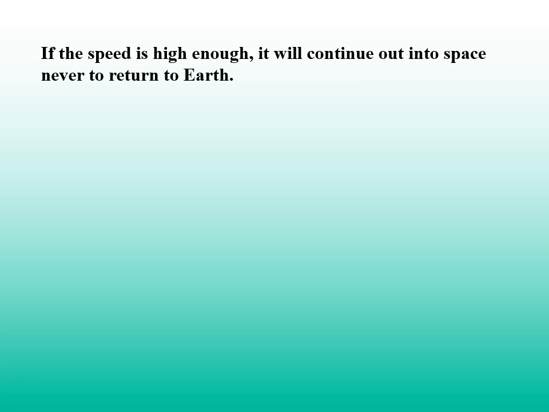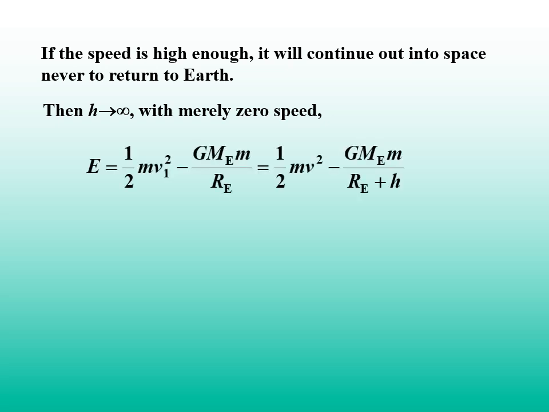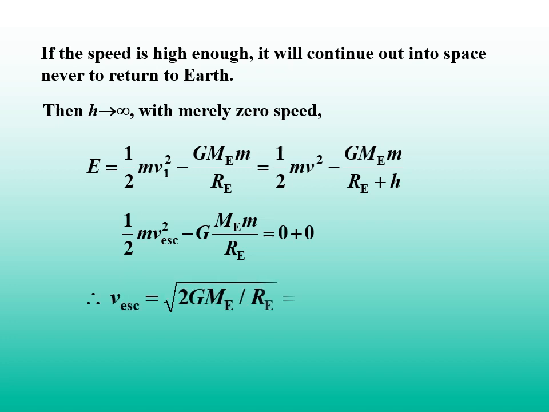If the launch speed is high enough, the satellite may escape the attraction of the Earth and go into space. Then h is much larger than the Earth radius R_E, with final speed v approaching 0. So we have 1/2 m v escape squared minus G M_E m divided by R_E equals 0.